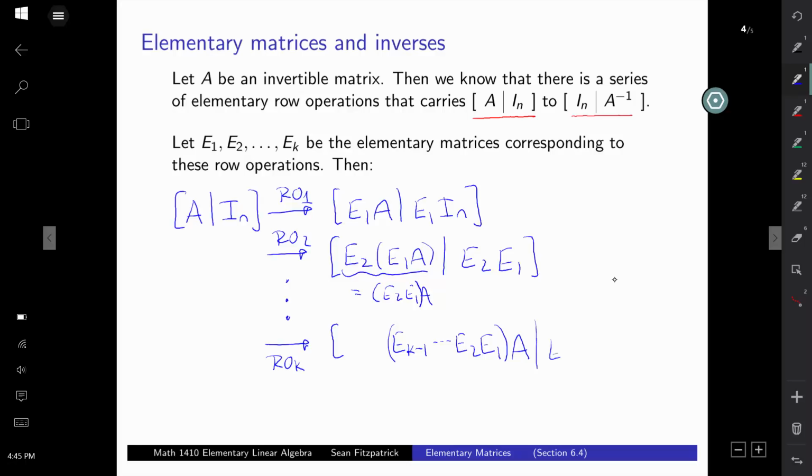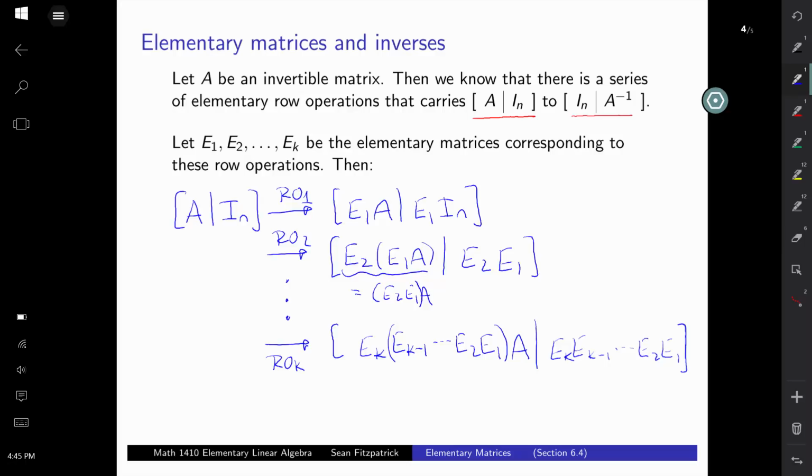And over here I've got the same thing, E K minus 1 down to E2, E1. And now I'm applying one more row operation, which means multiplying by one more elementary matrix. So I multiply both of these guys by E K, and I get down to here.